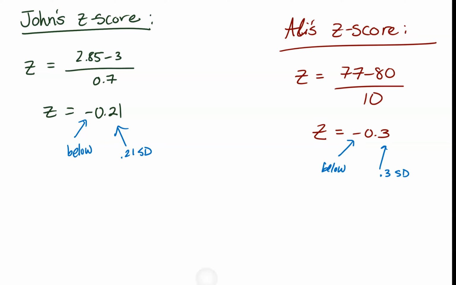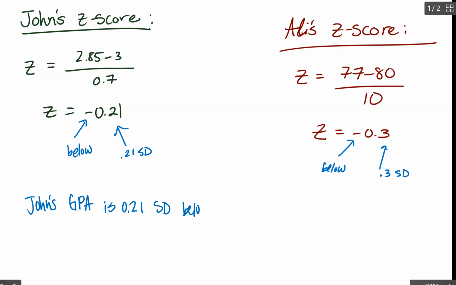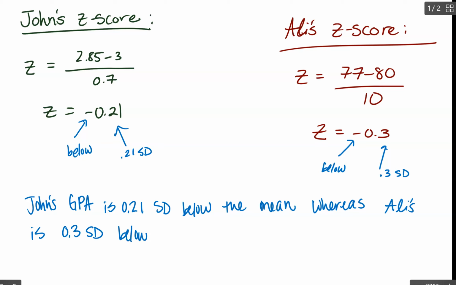Okay, so let's write this up. John's GPA is 0.21 standard deviations below the mean, whereas Ali's is 0.3 standard deviations below the mean.